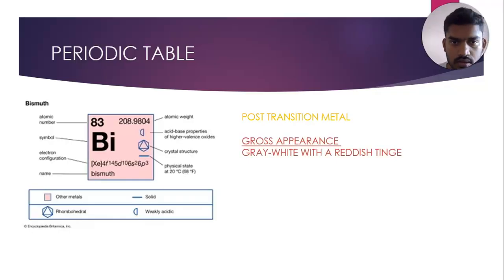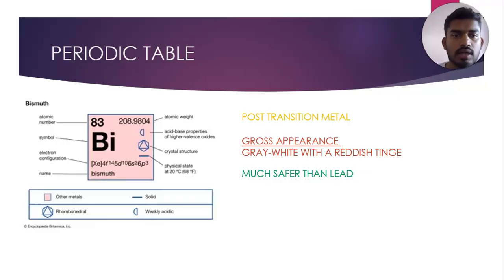In gross appearance you have a gray white with a reddish tinge. So it's not like a normal metal that always has a silvery kind of appearance. This also has a reddish tinge, which makes it easy to identify. Much safer than lead.